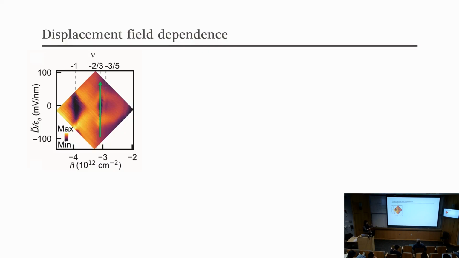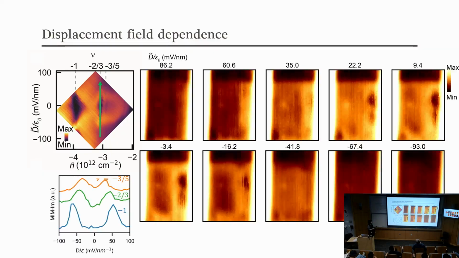And we want to see whether that edge signal, which could be coming from some sort of disorder at the edge, is still there. As we change the displacement field, at very large displacement field to either side, the sample just became very insulating everywhere. It's only when we are at small displacement fields that we could see the contrast between the bulk and the edge. So it means that the edge has something to do with the topological state underneath.